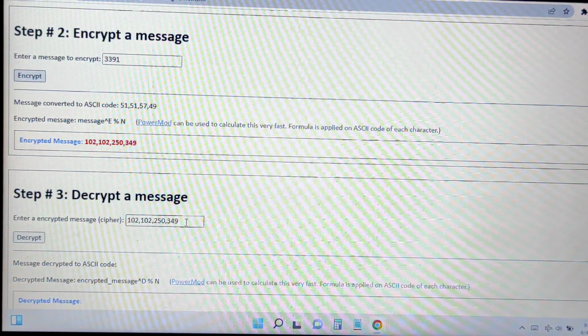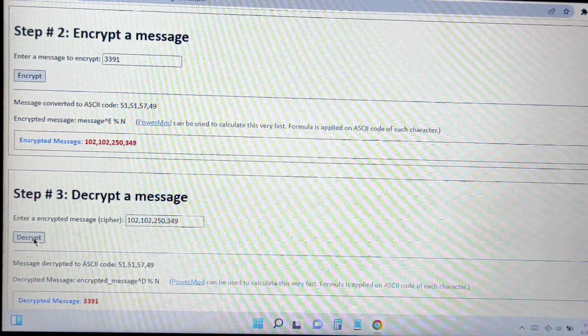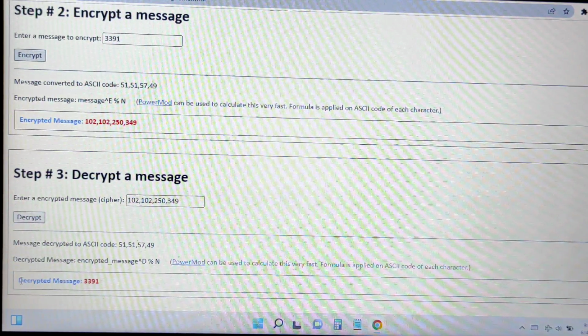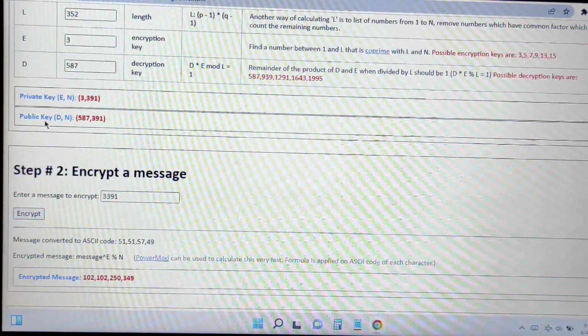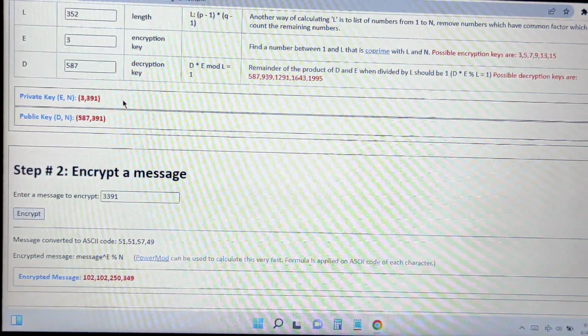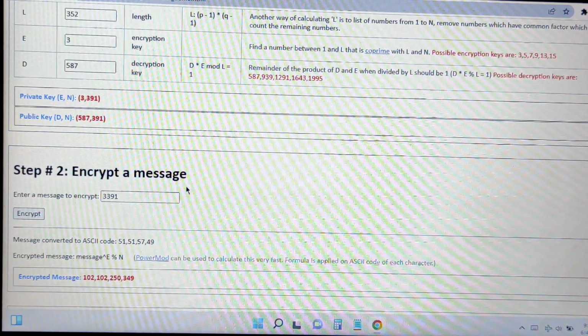Automatically, it will pop up here. We will click decrypt, and then the decrypted message is 391. Okay, that is for the private key. So it lands back on the original message.